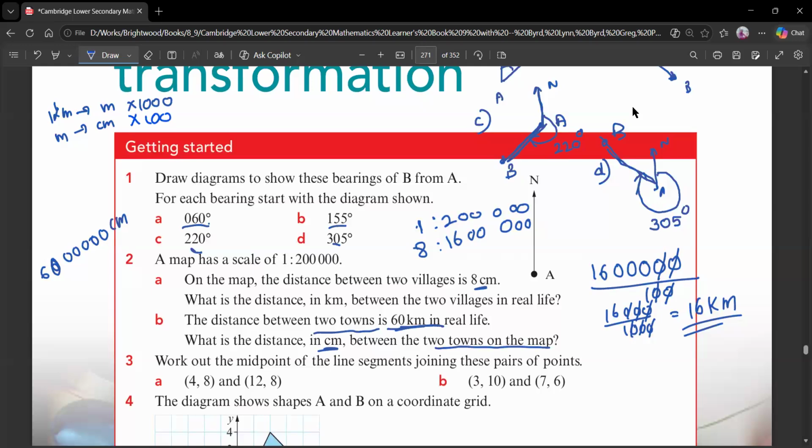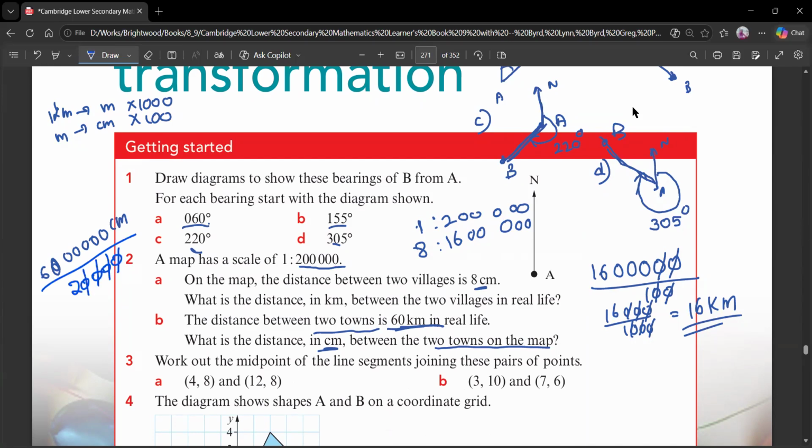Okay. So in centimeters, here is the distance. But they are asking for this distance on the map. They mention 1 centimeter by 200,000 centimeters. So the actual distance you can divide by 200,000.